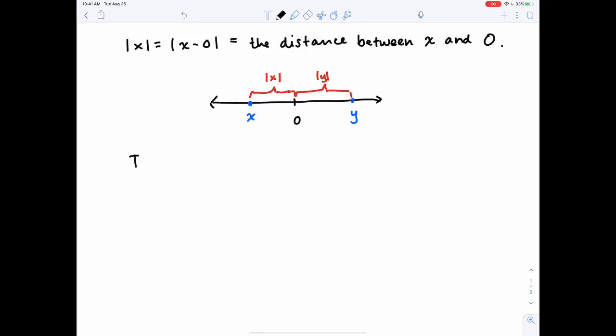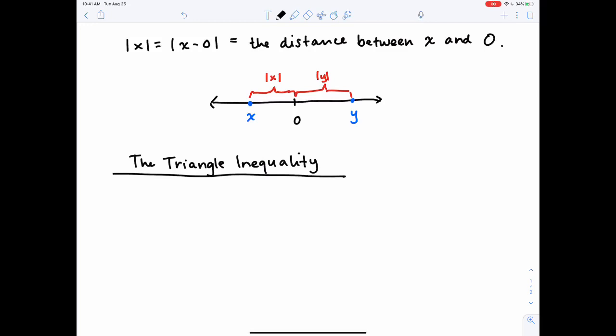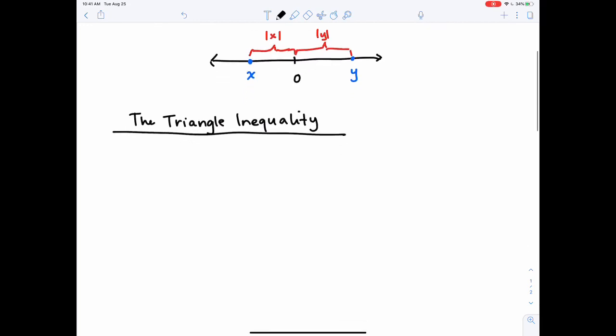This you need to commit to memory. So I'm going to write it out for you.